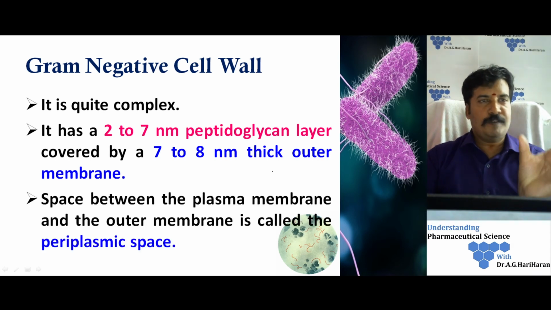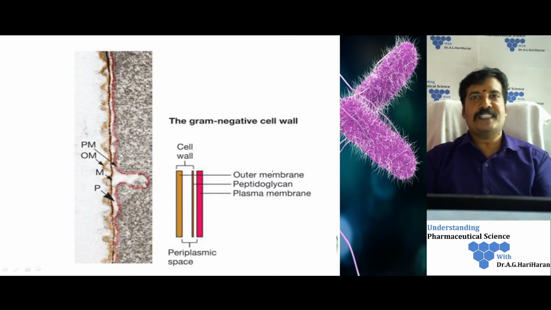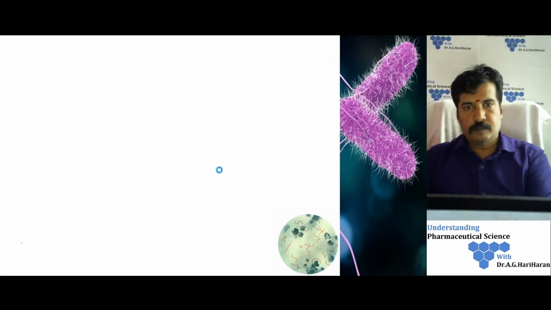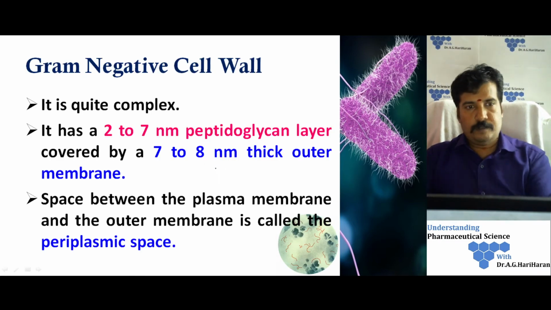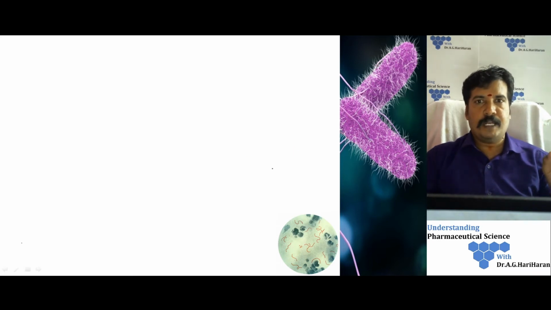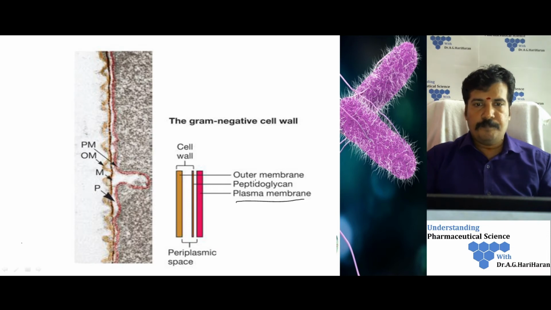So the space between the plasma membrane and outer membrane we call a periplasmic space, and it carries periplasm and some proteins. You can see this from the picture. We have a plasma membrane and the outer membrane, and between them we can see a periplasmic space, right?